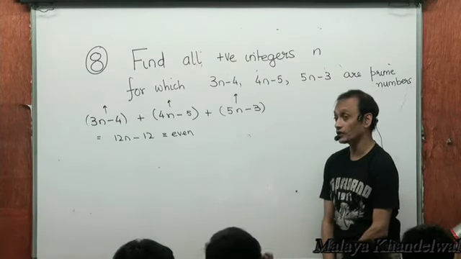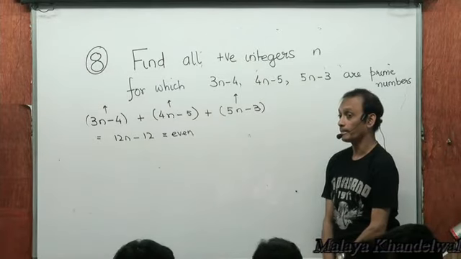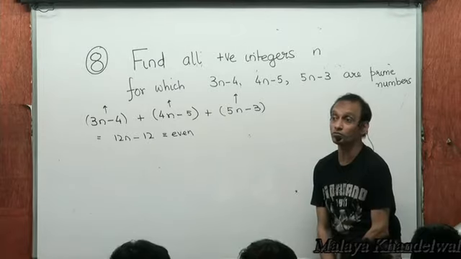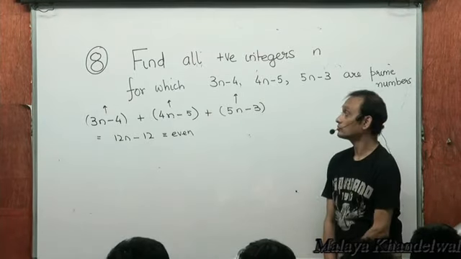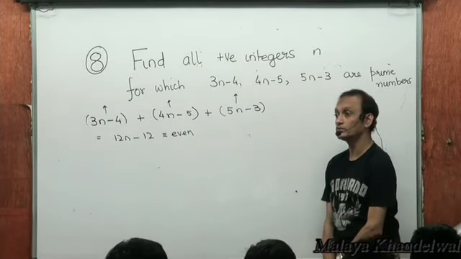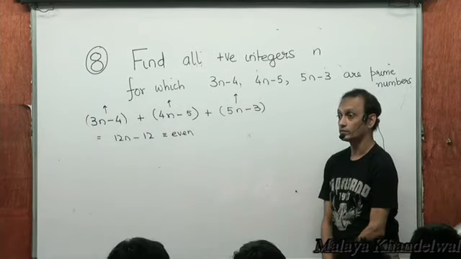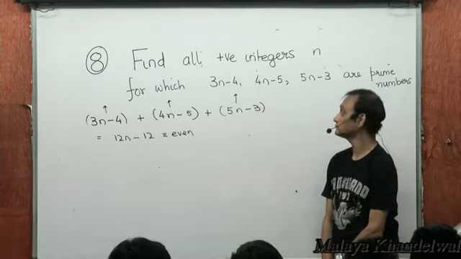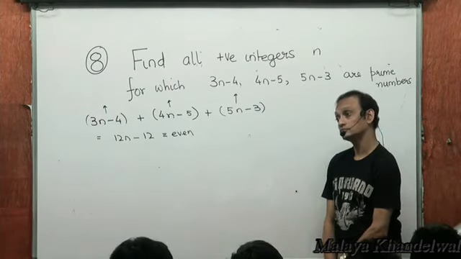So which of them could be 2 then? One of them would have to be 2. 3n minus 4 would be 2. If 4n minus 5 or 5n minus 3 is 2, then 4n equals 7 or 5n equals 5.